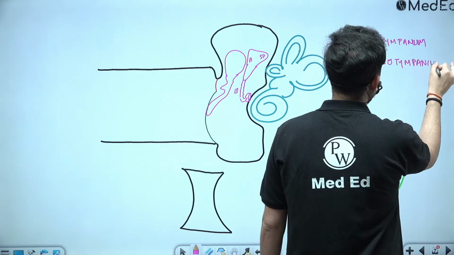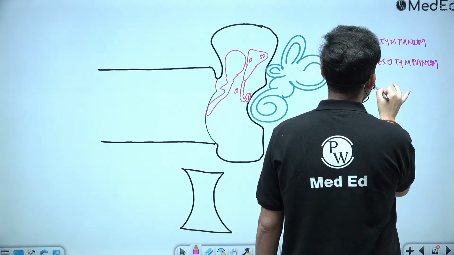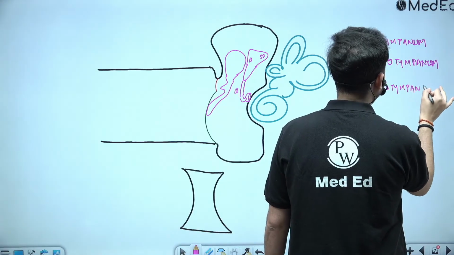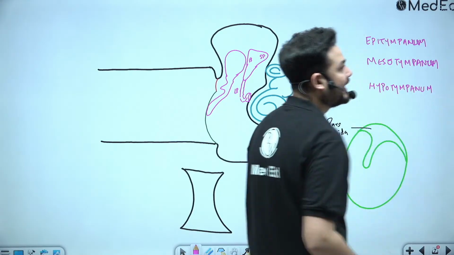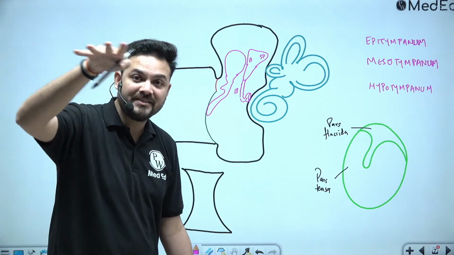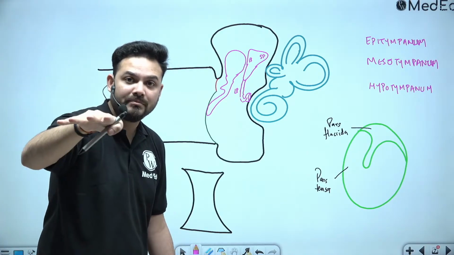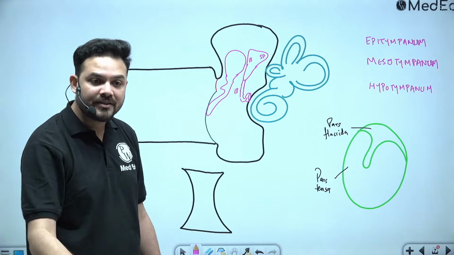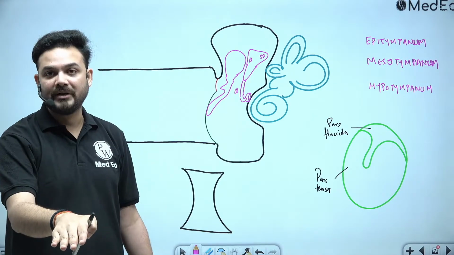That means my whole middle ear, the tympanic cavity, is divided into three segments. That is the epitympanum, epi means above, mesotympanum, in the middle or the center part, and hypotympanum, that is the lowermost part of the middle ear cavity.